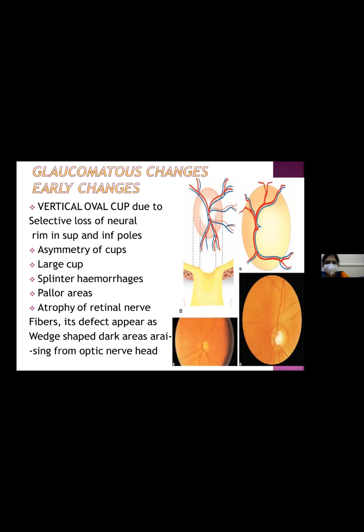A large cup is seen, and splinter hemorrhages are seen along the optic disc margin. Pallor areas are seen on the disc. Atrophy of retinal nerve fibers is seen, appearing as wedge-shaped dark areas arising from the optic nerve head.